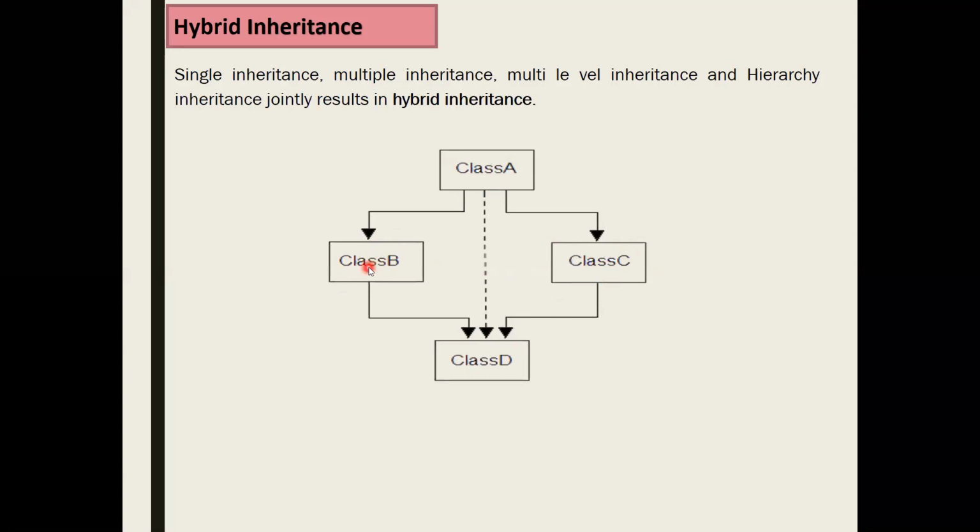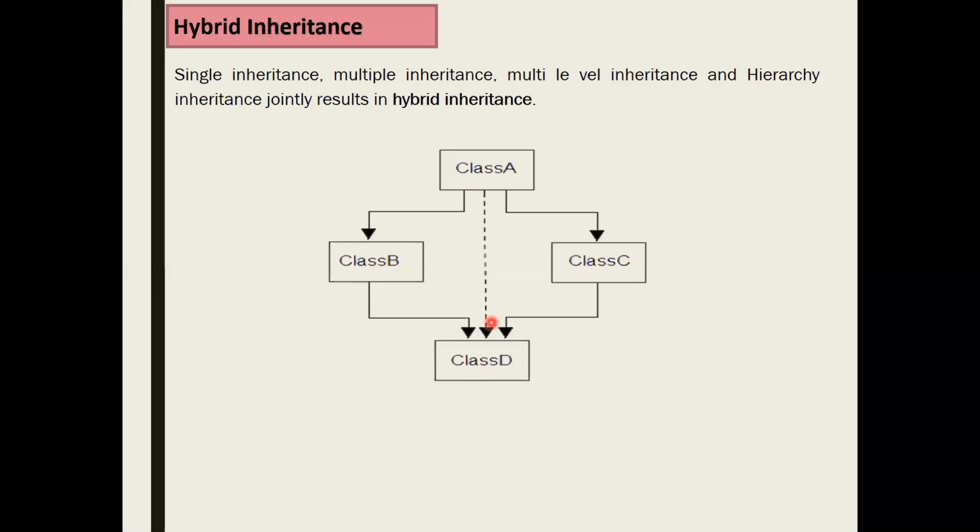Right? Now you can see class B and class C, multiple base classes, but only one derived class. So this is said to be what? Multiple inheritance. Right? I repeat, class A to class B, single inheritance. Class A to class B and class C, hierarchical inheritance. Class B, C with class D, it gives what?